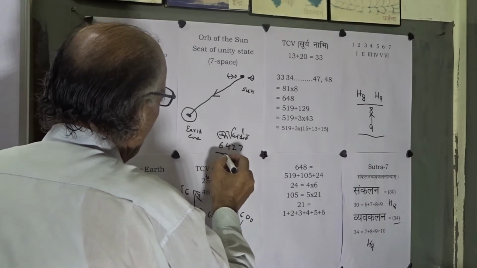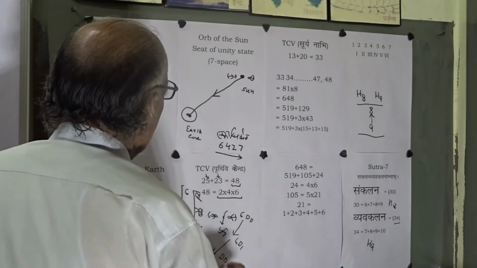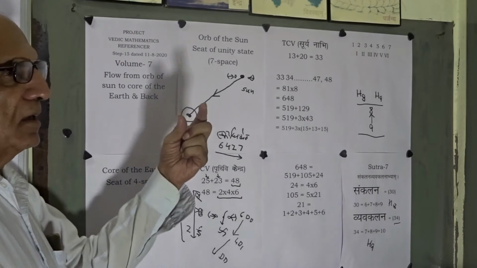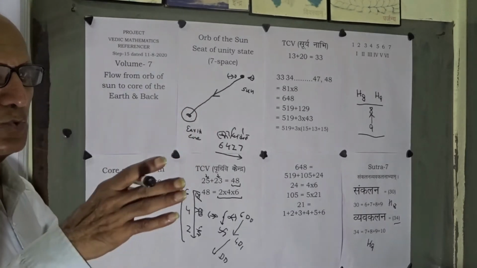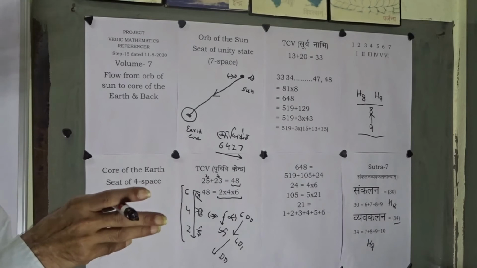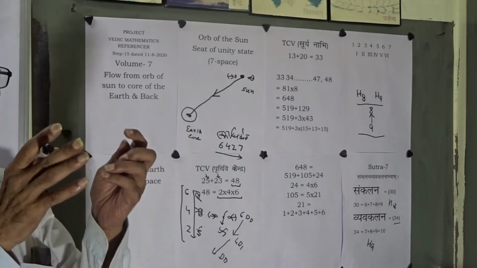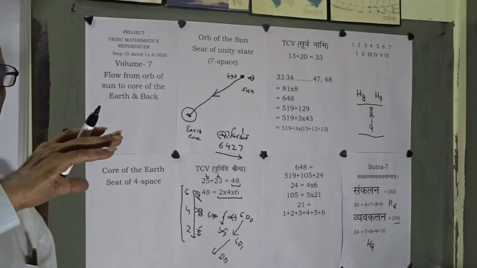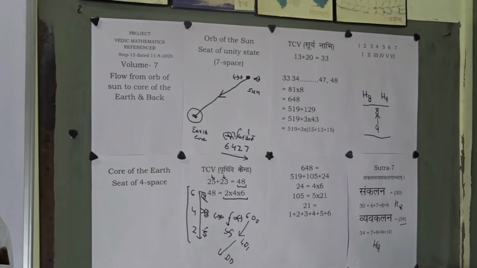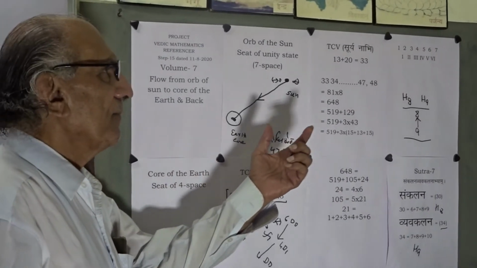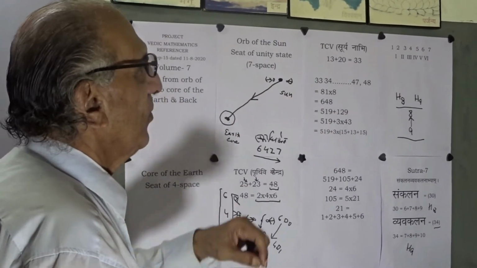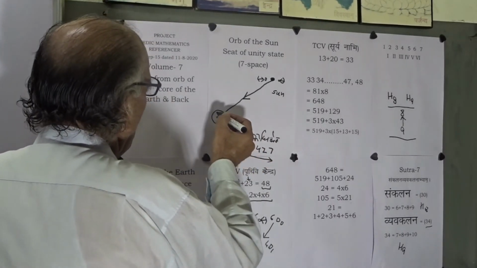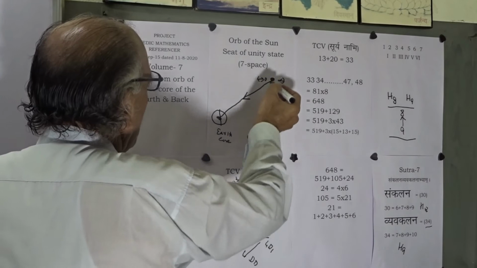This inward reach is going to be the first and basic applied value of the Vedic systems. Students, sadhakas, scholars who are interested to glimpse, imbibe and chase the applied values of Vedic mathematics shall approach with Volume 7 Sankalna Vyavkalna Bhyam and see how the core of the earth and the orb of the sun stand coordinated.